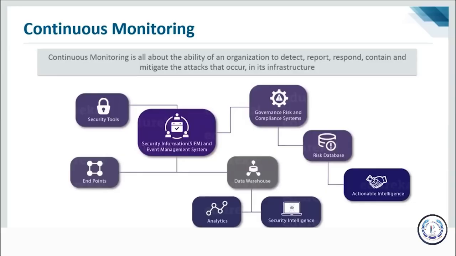So we have different security tools in an organization. The integration of those tools, the aggregation, normalization, and correlation of the data that is produced by the security tools, right? Now what happens? The data that has been produced, the analysis of that data based on the organization's risk goals and threat knowledge, and near real-time response to the risk identified is basically what is continuous monitoring.